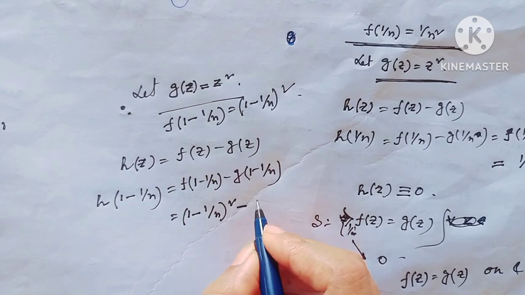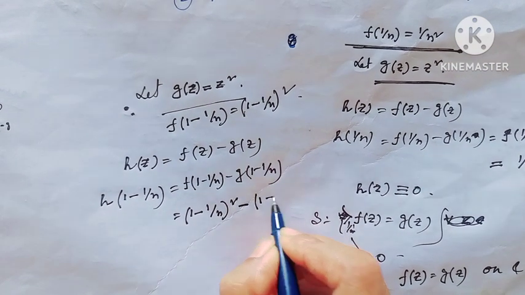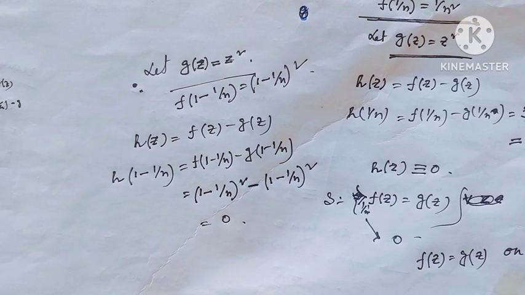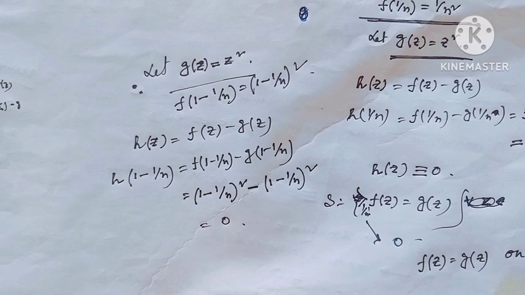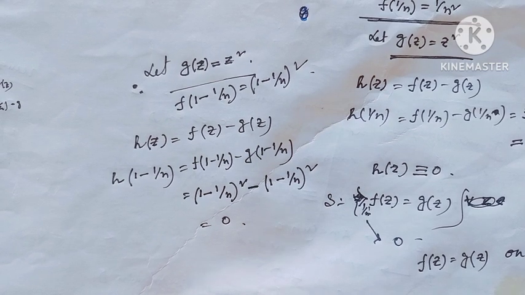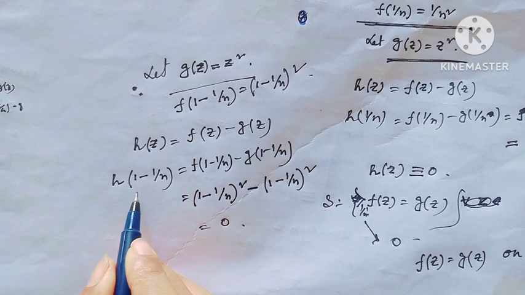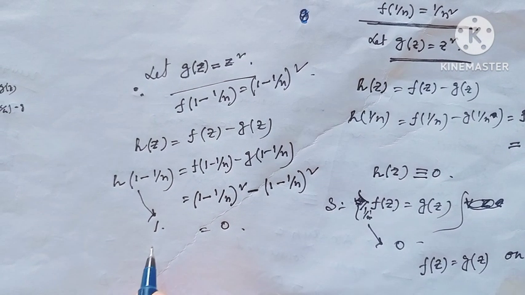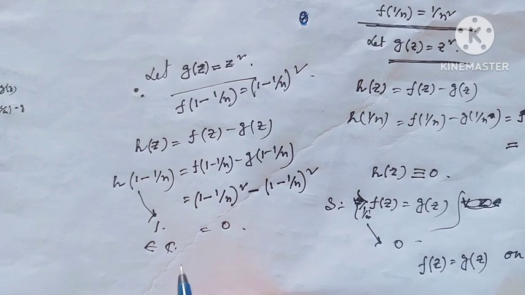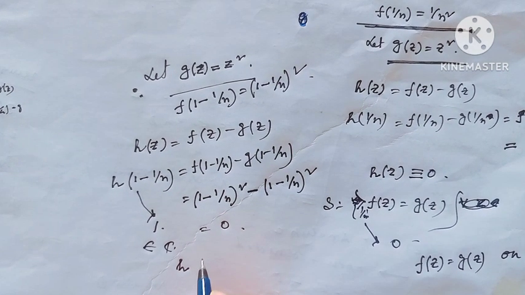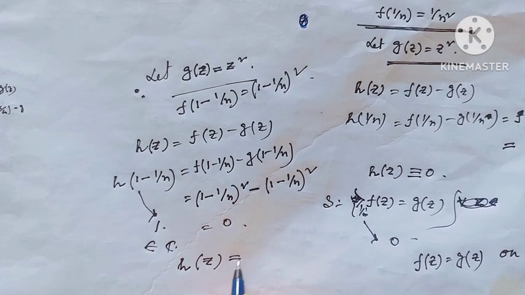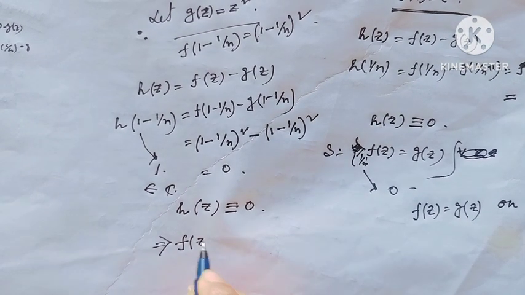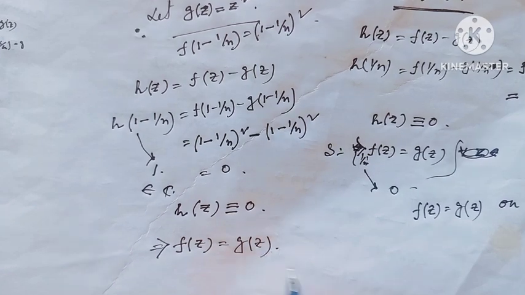now put the value, then this value would be 1 minus 1 over n whole square minus 1 minus 1 over n whole square, so this value is 0. Since here the limit is 1, which belongs to the complex numbers, we can tell h(z) is identically equal to 0. And if h(z) is identically equal to 0, that means f(z) equal to g(z).